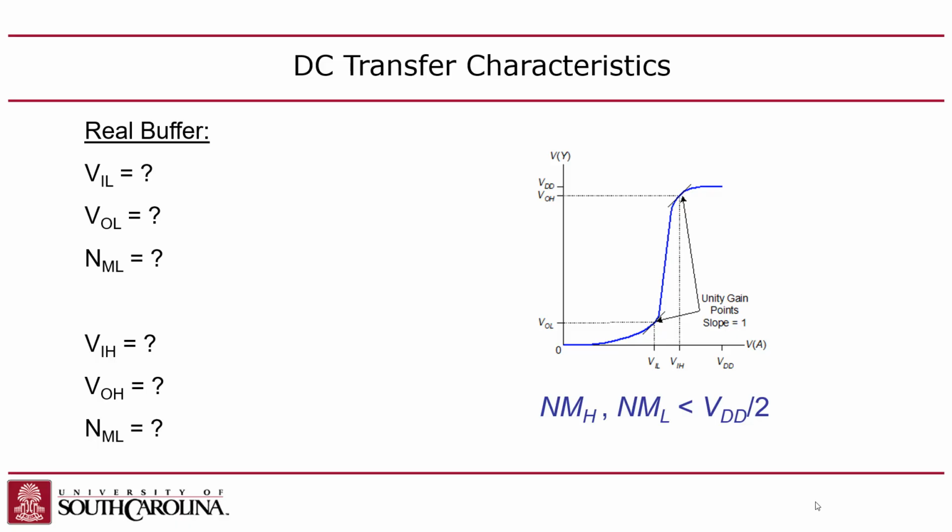The lowest input voltage that counts as a high, logic high. And then it'll sort of level out, right? And so the point at that second unity gain point is the VIH for the input, and the corresponding output is VOH. You see?